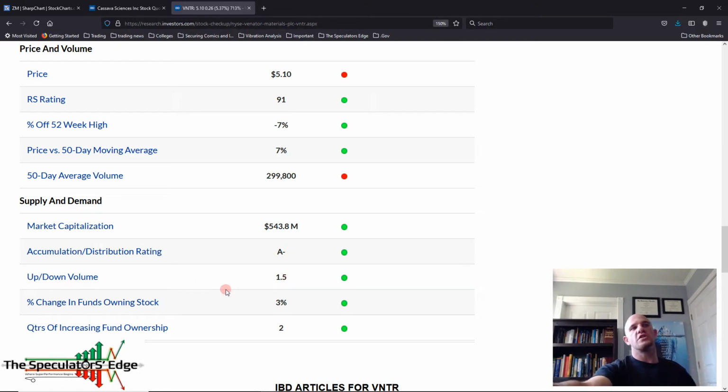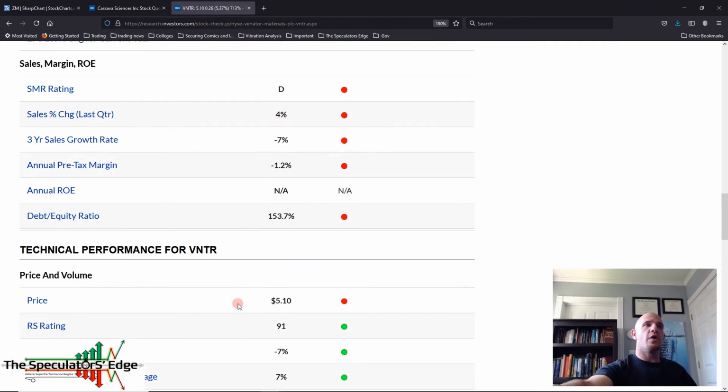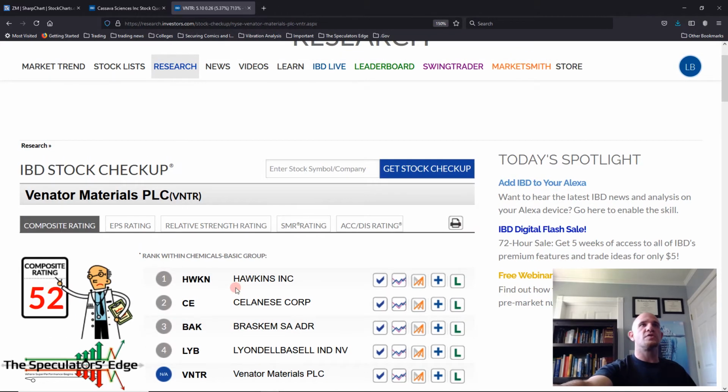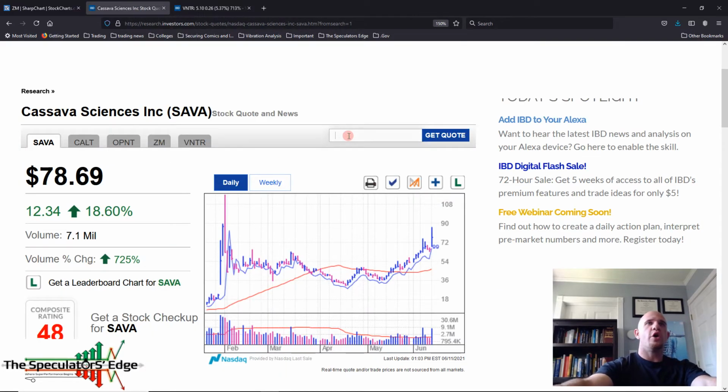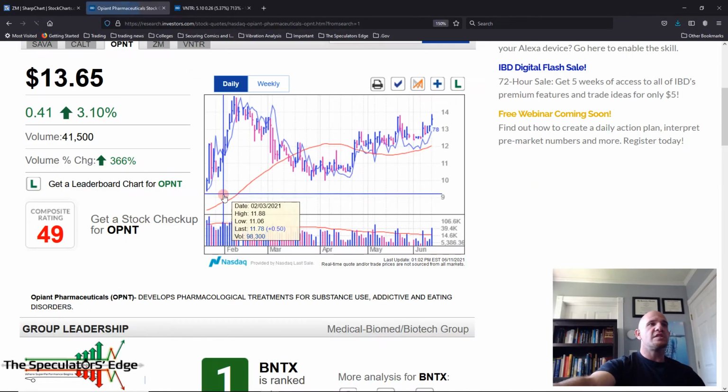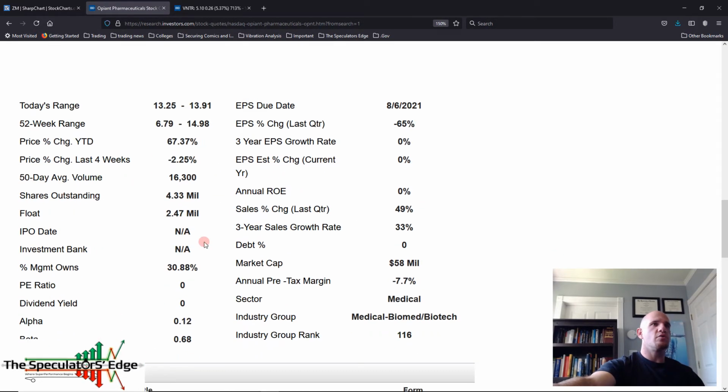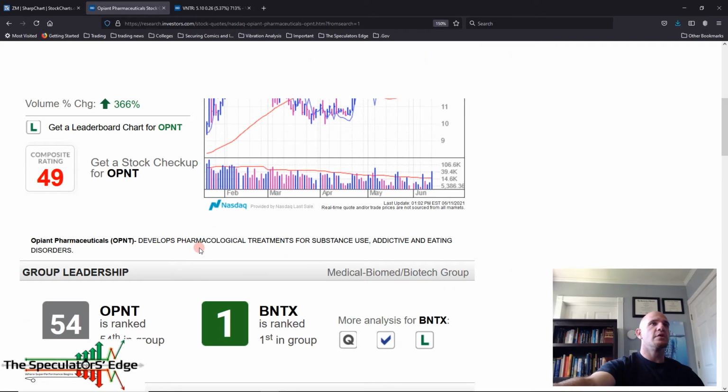The percent change in funds owning the stock has been 3%, which is okay, not bad. So 3% change in funds owning the stock with 2 quarters of increasing fund ownership. So we do know there is accumulation and that we do have funds or institutions buying this stock. That's a good thing to see. Also, I think it's either Opnt or Vntr that has a huge, yeah, it's Opnt.